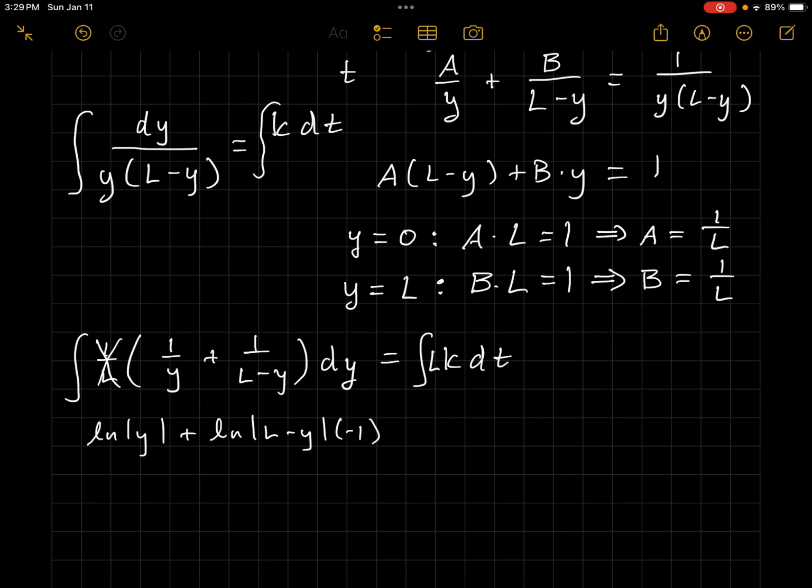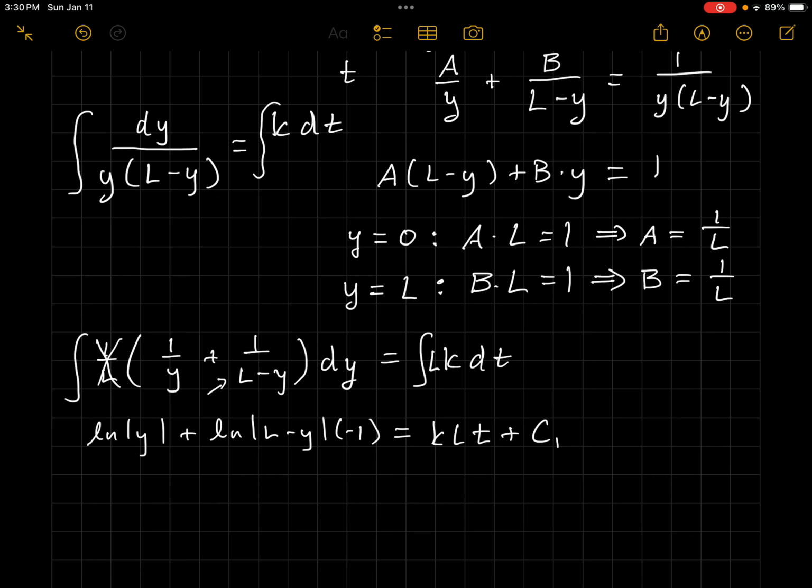This -1 comes from the fact that we would need to do a u substitution on that second part, equals kLt. K times L is a constant, so the antiderivative would be k times L times t, plus some constant of integration c1. Again, pause the video if you need to make sure you agree with every piece of that line.